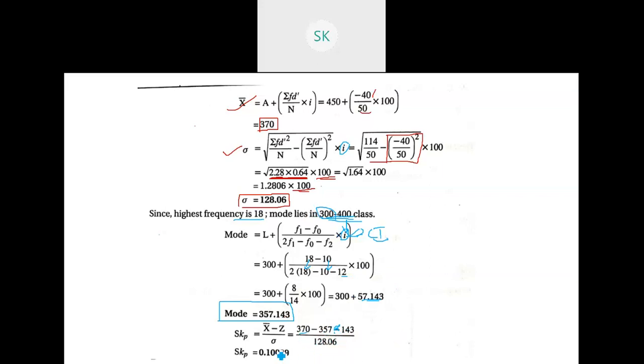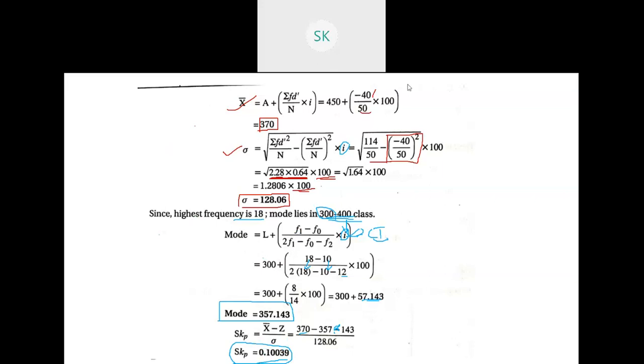Once you calculate all of them, you get the skewness to be 0.10039. You get a positive value here, because we are starting from a highest number, but it still is between plus or minus 1. So here we get a positive value of 0.10039.